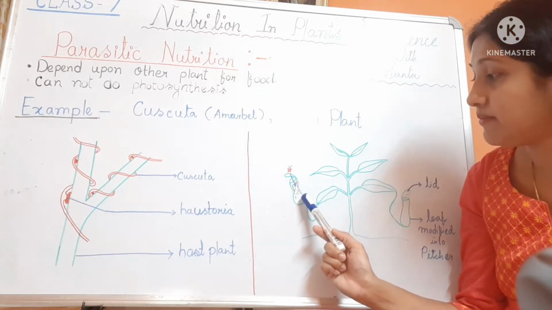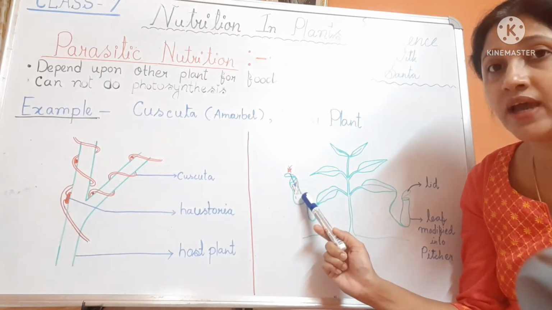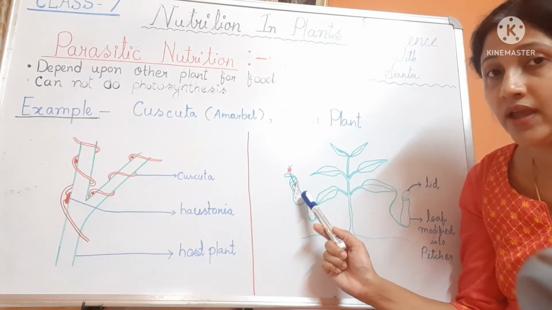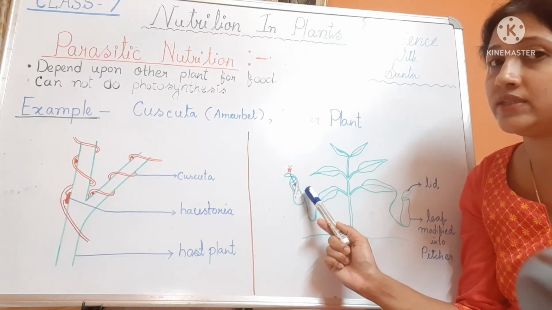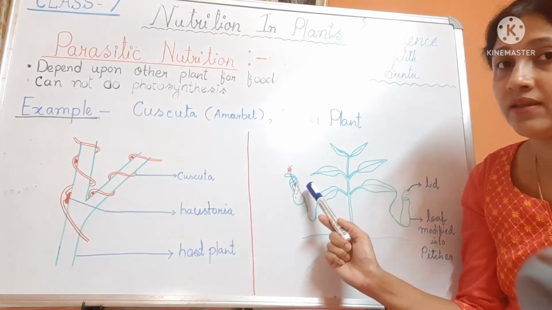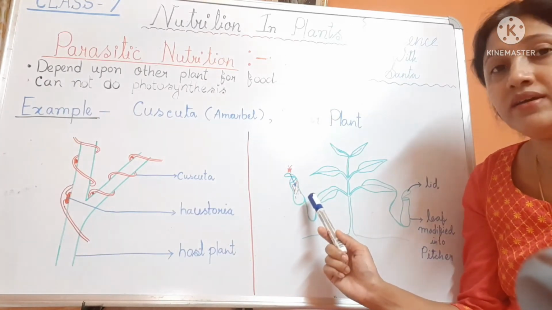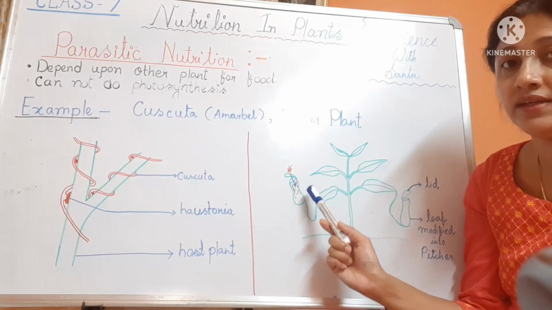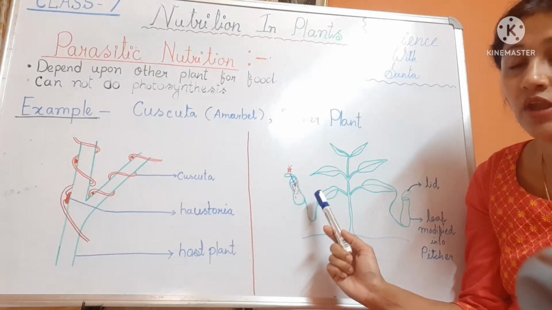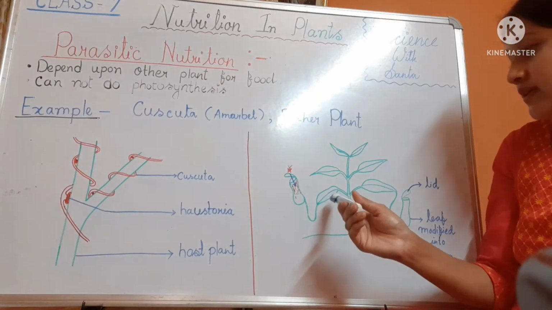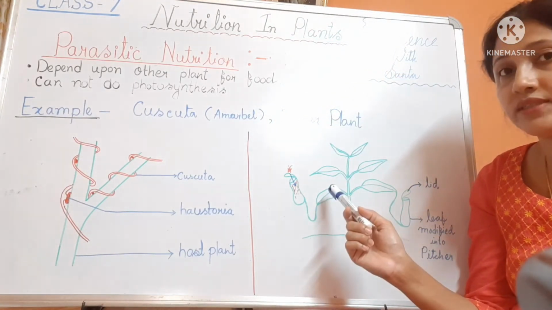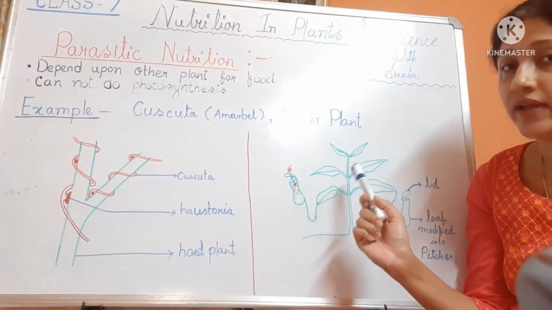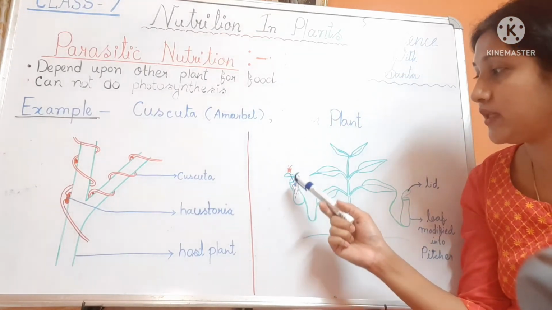There are also some enzymes inside this pitcher, and the insect gets digested, and the plant takes up the nitrogen from the insect. Thus it can do photosynthesis, but for nitrogen it depends upon the insect.